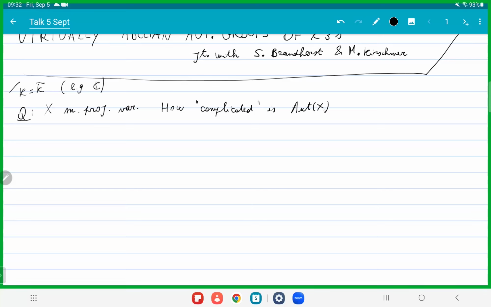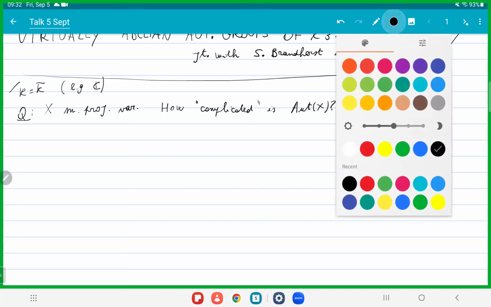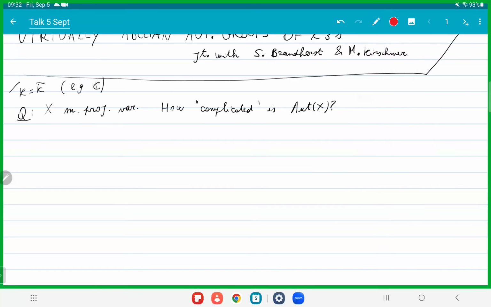I put quotation marks on complicated because one can give a lot of meanings to complicated, and of course, different meanings lead to very different questions. For me today, complicated will be whether this group is virtually abelian or not.